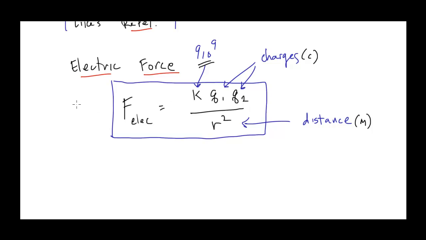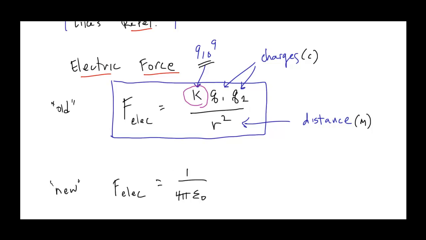This is our old way of writing Coulomb's law, and now we're going to have a new way of writing it, which is essentially the same thing, only we're going to write our electric constant K slightly differently. Rather than putting K in here, we're going to break K down into some smaller pieces. We're going to call K 1 over 4 pi epsilon 0.